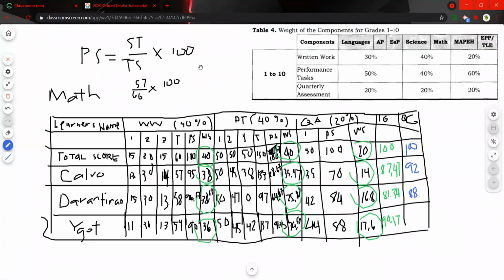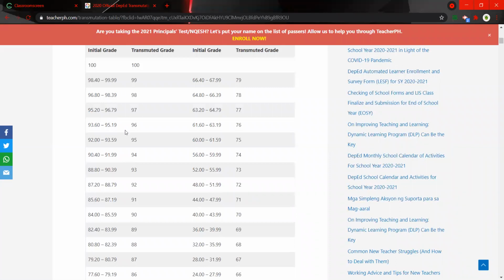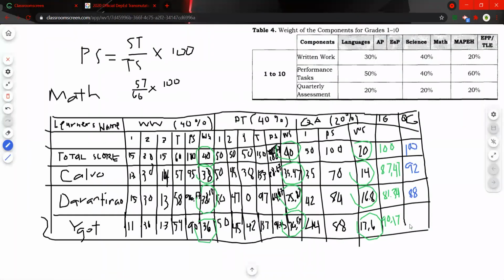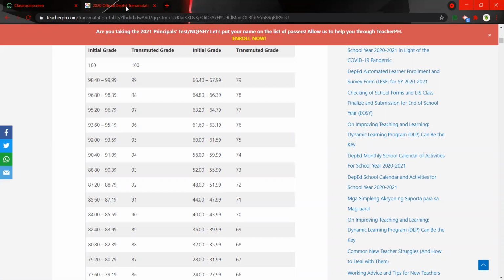Then for Igot, 90.17 in the transmutation table belongs to 88.80 to 90.39, which is equal to 93.